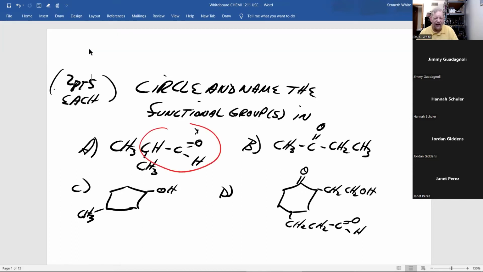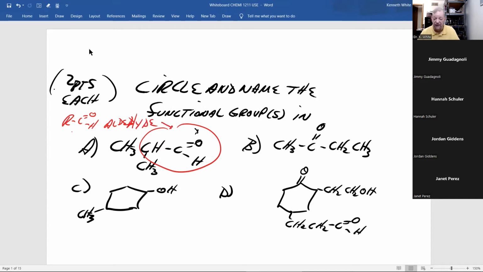And what do we have? And this you don't have to do, but I will. This is what? An aldehyde. This you would have to do. And it's an aldehyde, and that's what you got here.